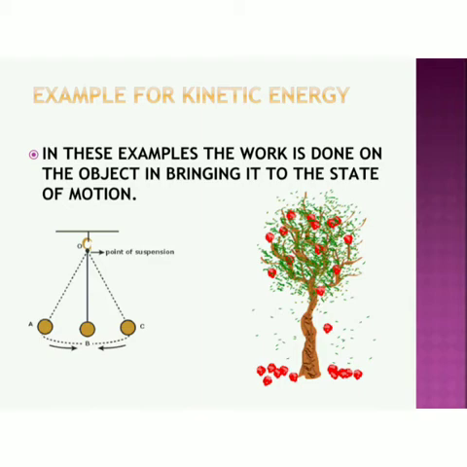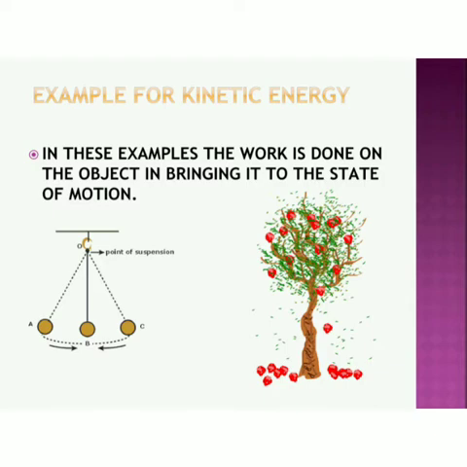Any object in motion has kinetic energy. These examples explain the work done on the object in bringing it to the state of motion. Because of the work, it comes to movement.